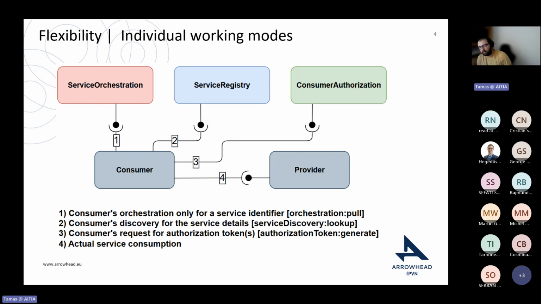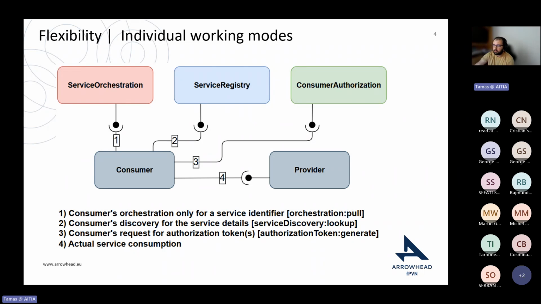If your consumer wants to orchestrate for a matching provider, it will turn to the orchestration with its orchestration request: what is the service it wants to consume? The orchestration result will contain only a service identifier, and will not contain details about the service access or the security level required by the provider.